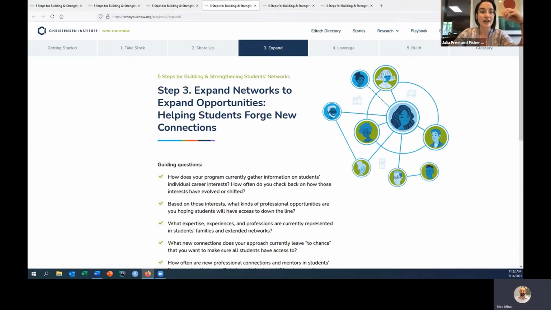to harken back to that strength of weak ties point. Another research statistic that we cite in this section is the fact that even brief industry chats can yield long-term wage premiums, which is a shocking finding out of new research from the UK, particularly around career talks.